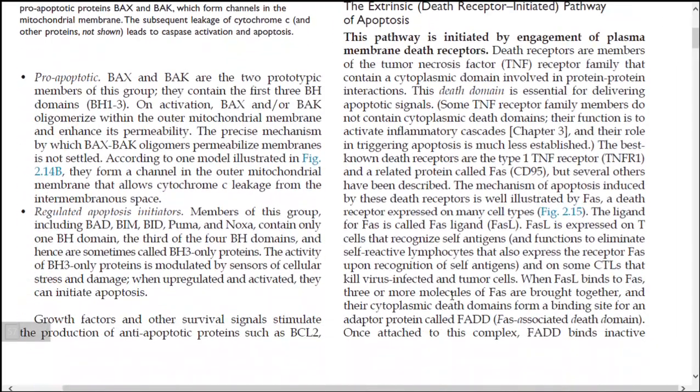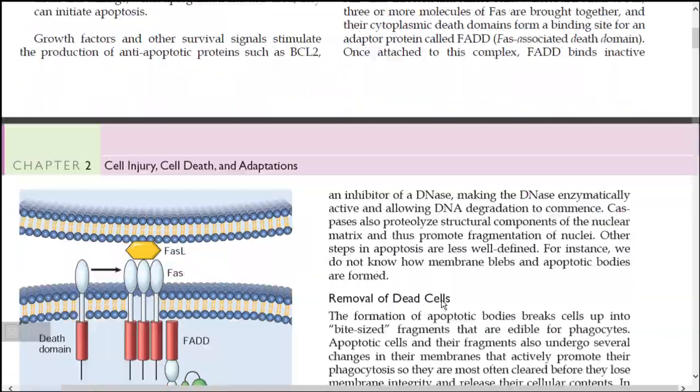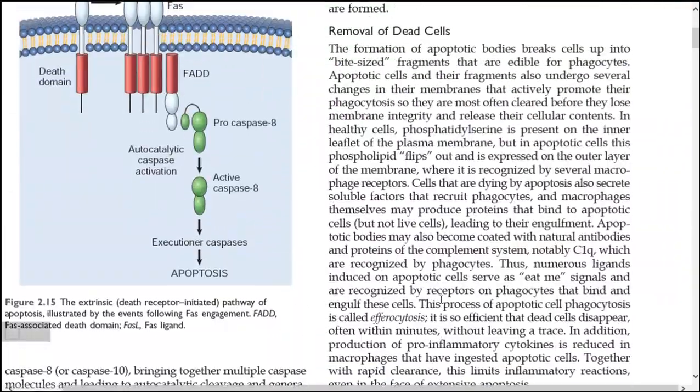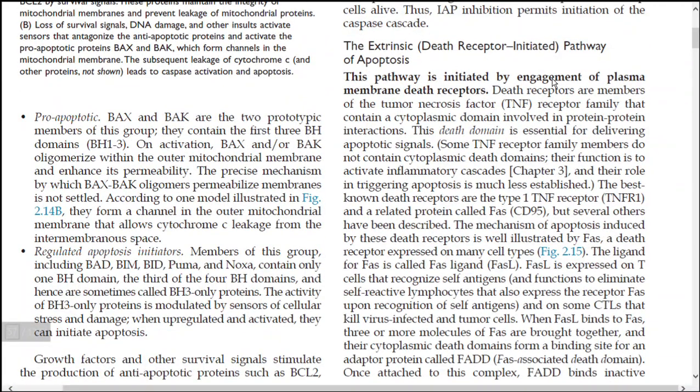Next, let's see about the extrinsic pathway. The extrinsic pathway is initiated by engagement of plasma membrane death receptors. Death receptors are members of the tumor necrosis factor receptor family, and they contain a cytoplasmic domain involved in protein-protein interaction.